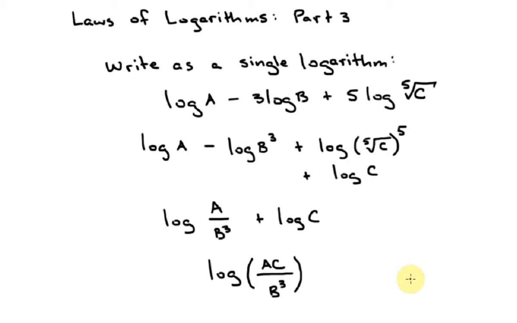Let's clear the screen and do another example. In this case, it says write the following. We're going to take log base b of the square root of a times b, all over c to the 4th.